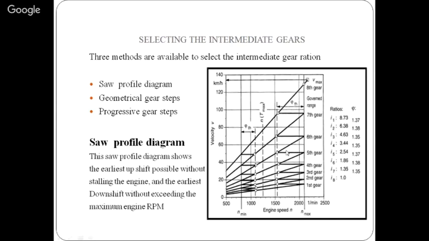I explain this. Suppose I am in seventh gear. My engine RPM is 1500, and my speed is, you can say, 60 kilometer per hour. I press a clutch and wrongly put a gear in sixth gear.